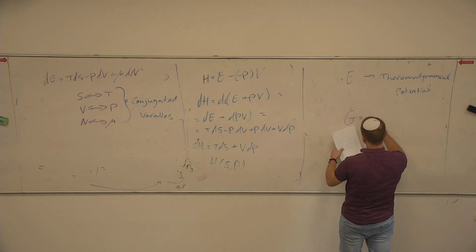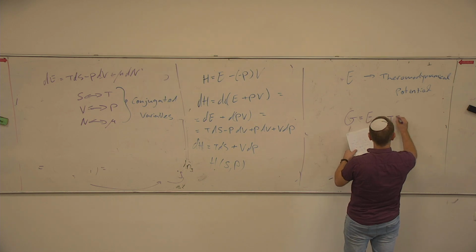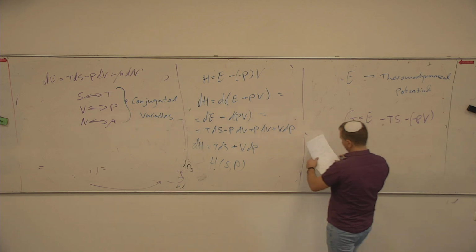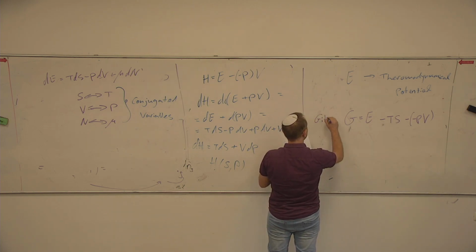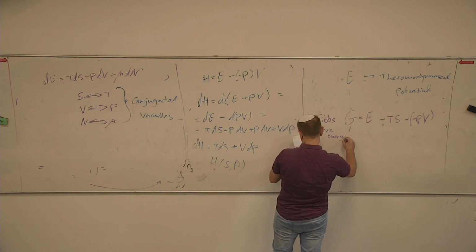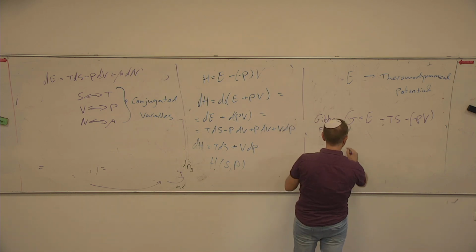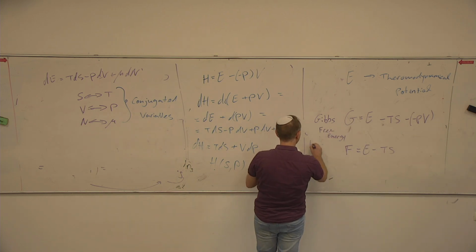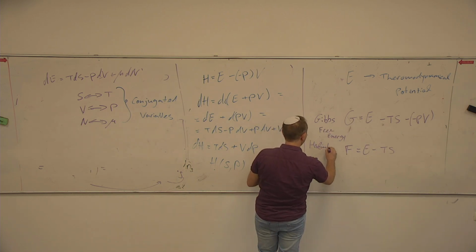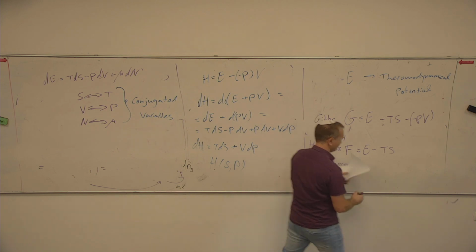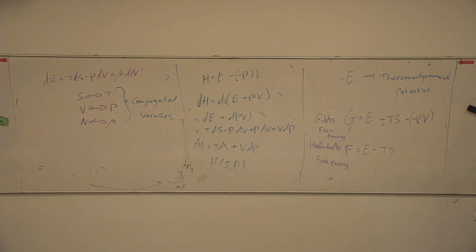G, which is E minus TS plus PV, is the Gibbs free energy. F, which is E minus TS, is the Helmholtz free energy. What other ones do we have?